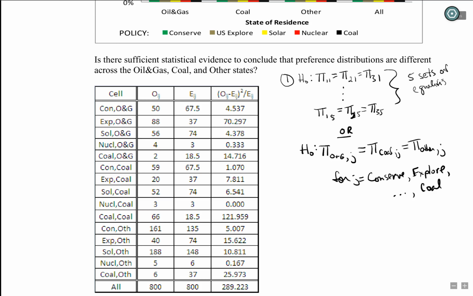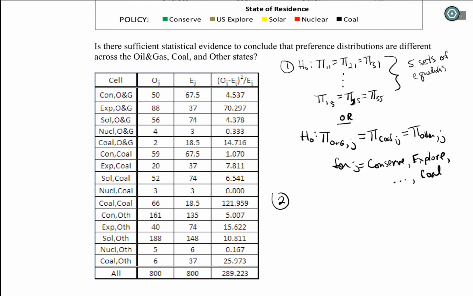We have a test statistic, the chi-square test statistic, and here's our chi-square test statistic. If you look in this table, the work has been done for us. These are our observed counts. Here's our expected counts, and this is the contribution to the chi-square test statistic. You do that for each of those cells. So in this case, I had 15 cells in my original contingency table, so there's 15 corresponding expected counts.